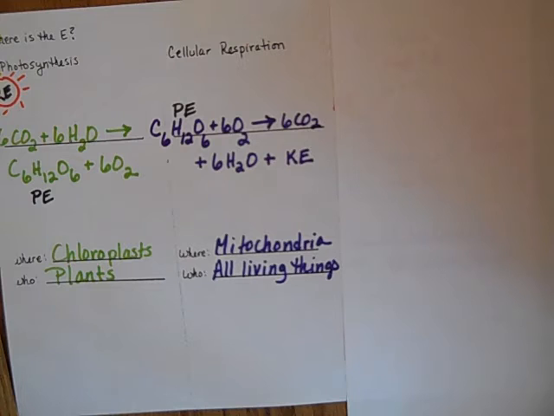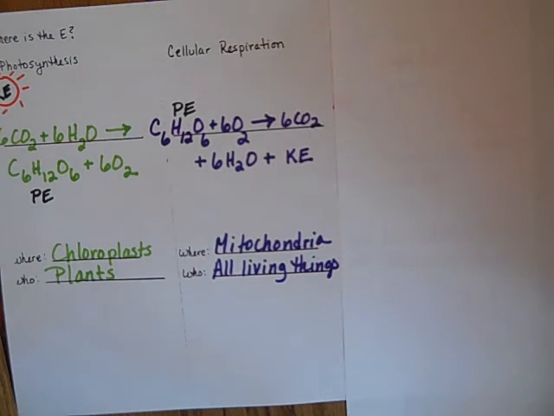Well, how do they get the energy to grow, to develop flowers, to develop leaves, to make longer roots? How do they get the energy to reproduce and make seeds and fruits? That comes from cellular respiration. So all living things do cellular respiration. Plants, animals, bacteria, mushrooms, everything, all living things do cellular respiration.